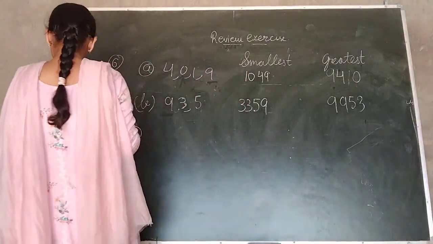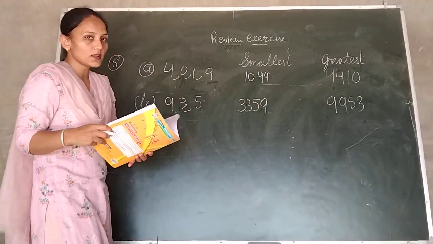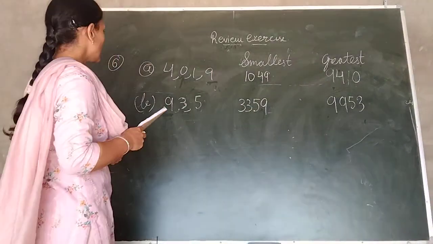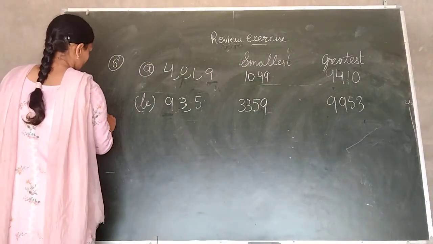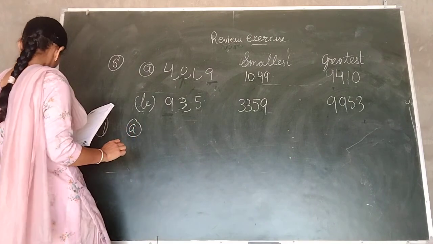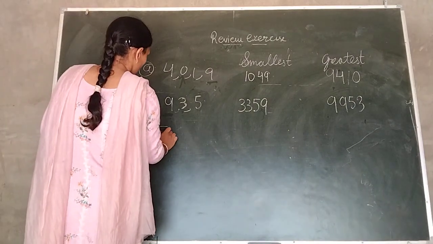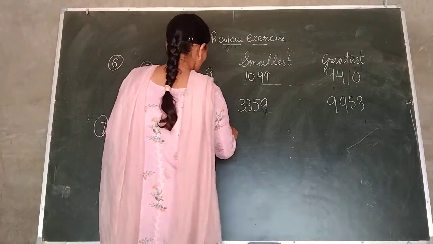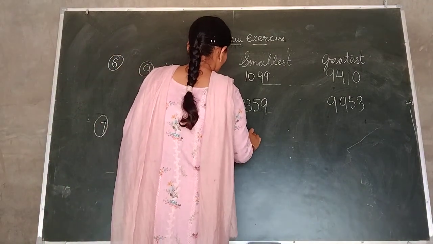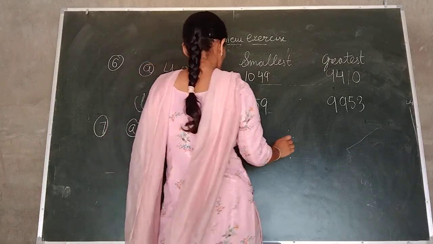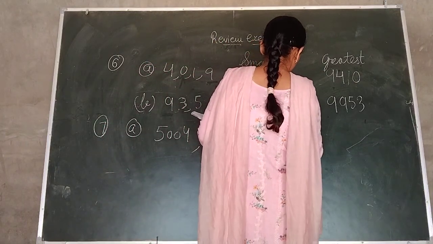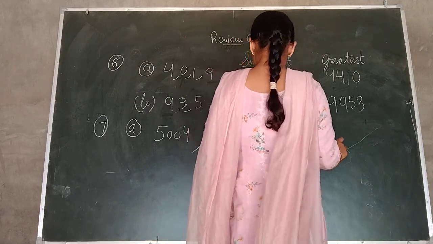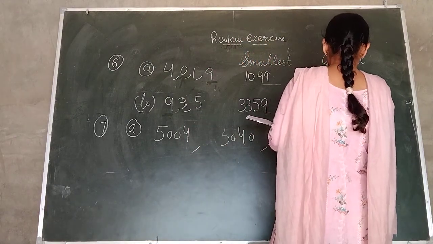Next, encircle the smallest number. First of all, we have to encircle the smallest number. A part, we have 5004. Next, 5040. Next, 4555. Next, 5054.